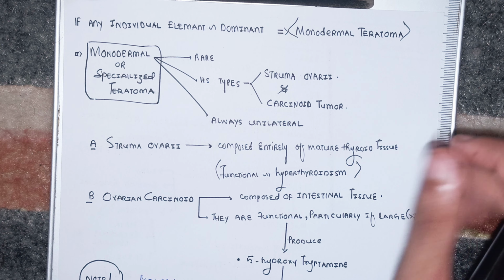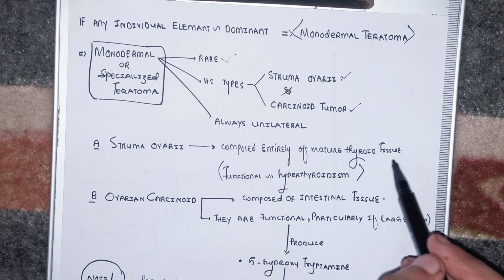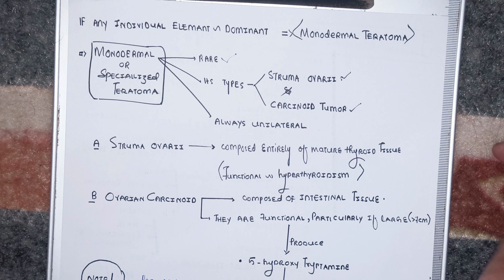Look, entirely composed of mature thyroid tissue. In the benign teratoma we discussed earlier, there was thyroid tissue, neural tissue, skin tissue, lots of things were there. But monodermal teratoma is the condition where one element predominates.